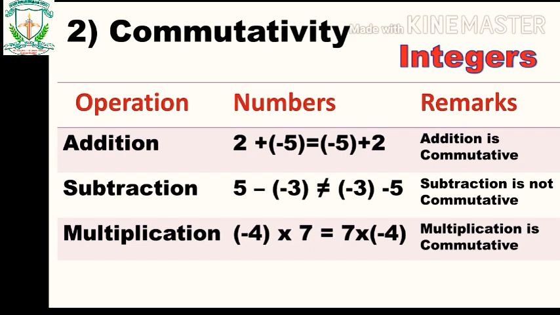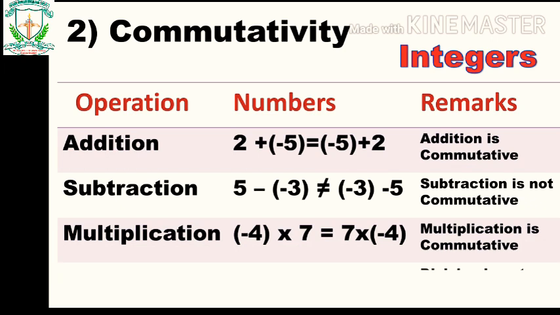So I can say that commutative property holds good in case of multiplication for integers, because we are getting LHS is equal to RHS. So we can say multiplication is commutative.